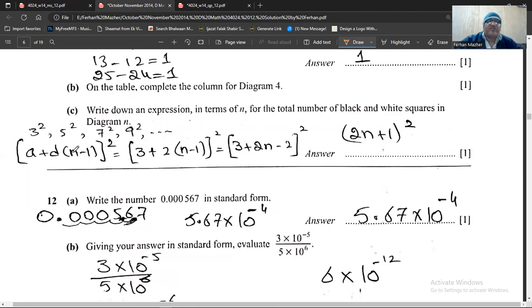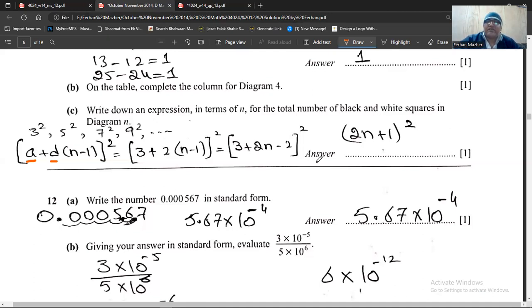So it will be a plus d bracket n minus 1 close bracket, whole square. Here a means the first term, which is 3, and d means the common difference. So 3 plus 2 bracket n minus 1 close bracket, whole square. That gives 3 plus 2n minus 2, which means 2n plus 1, whole square.